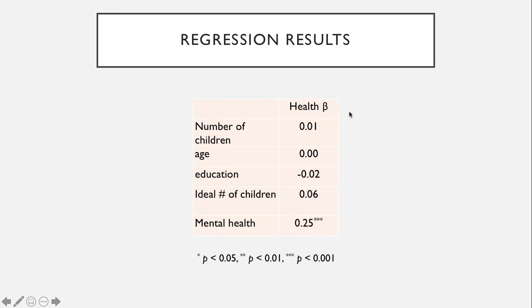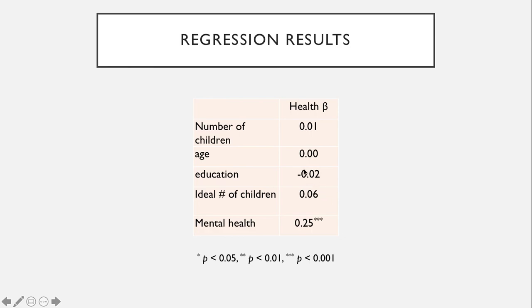And that was significant. Now you could interpret these as well. For every 1 unit increase in ideal number of children, there was a 0.06 increase in health, but it wasn't significant, so there's probably no real relationship there, and it's so close to zero.